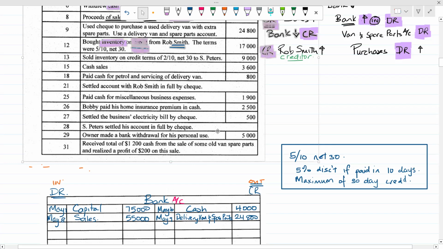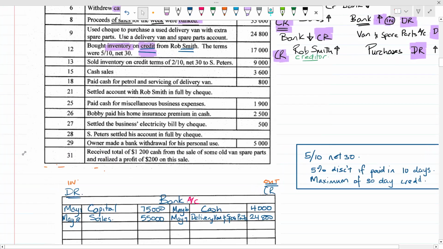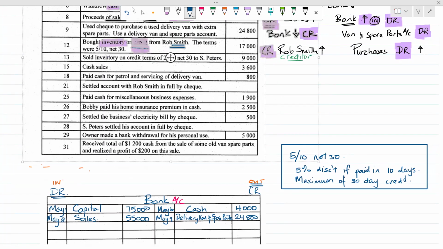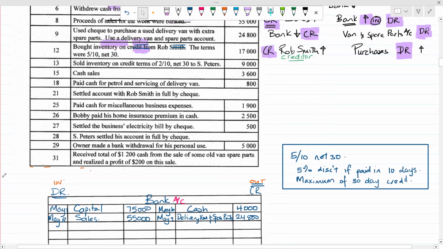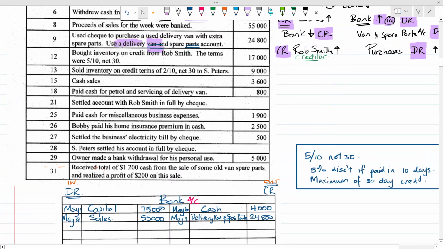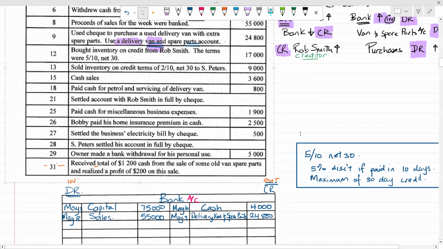Now we have the opposite happening here. We have sales.